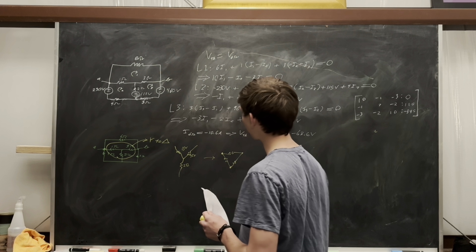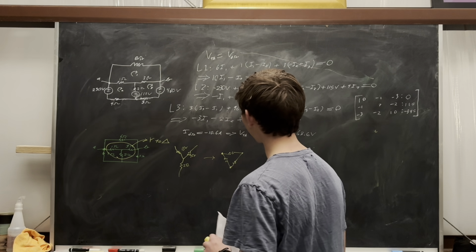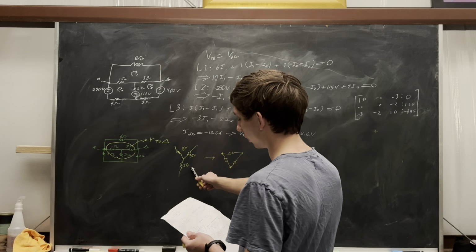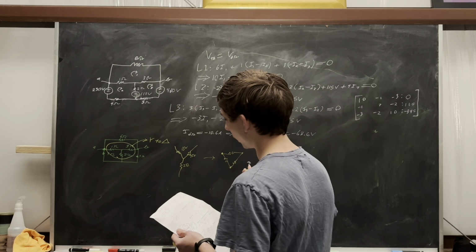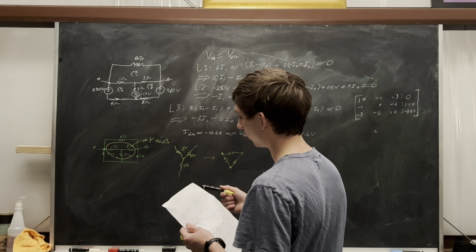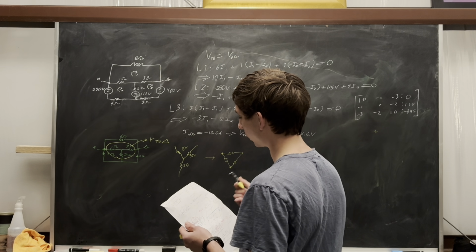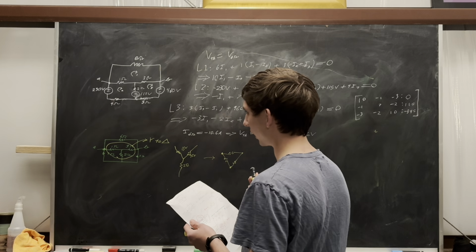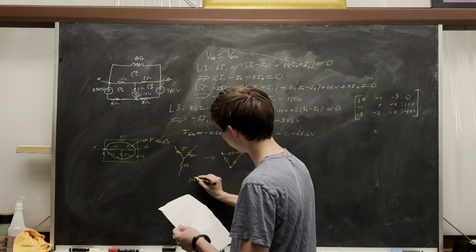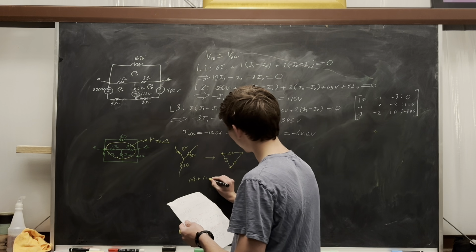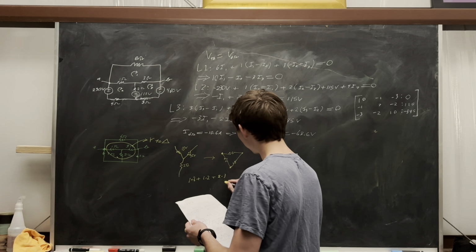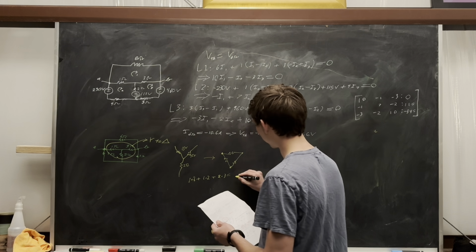I had to look up the formula for this because I don't remember it off the top of my head. But when you're doing a Y to delta conversion, in the numerator of when you're calculating all of these, you have the sum of each of the resistors multiplied together. So I'll calculate that first. 1 times 3 plus 1 times 2 plus 2 times 3 equals 11 ohms squared.